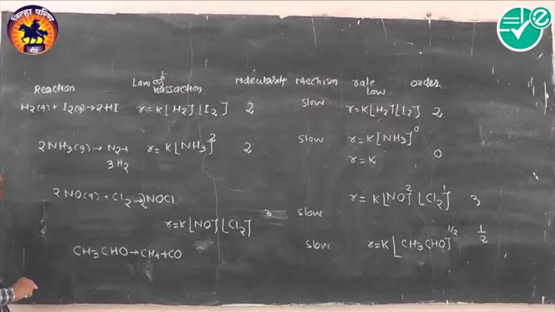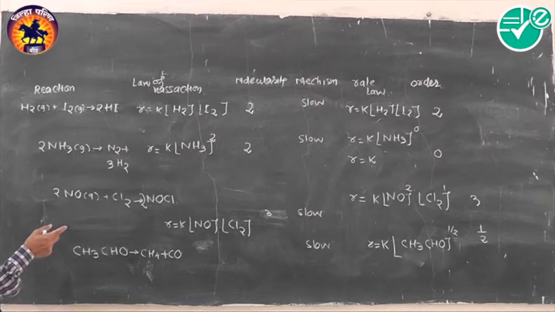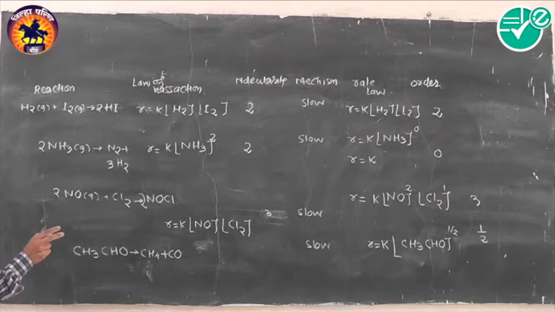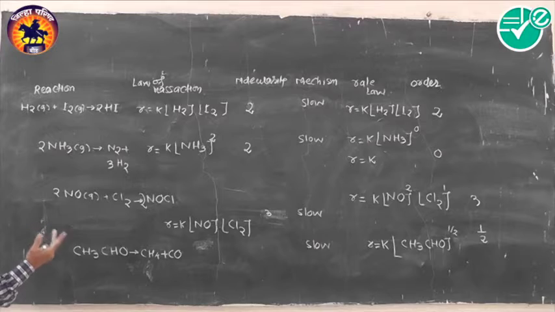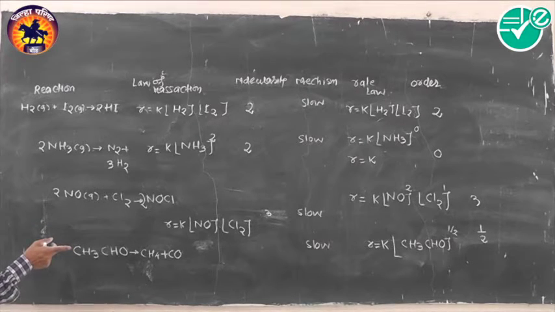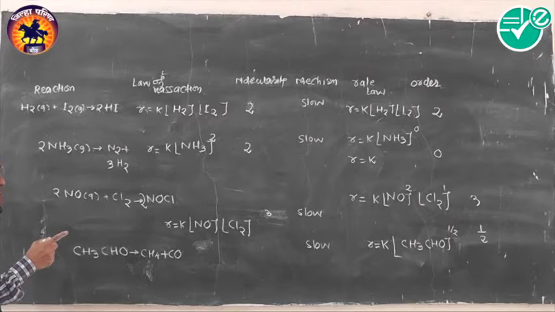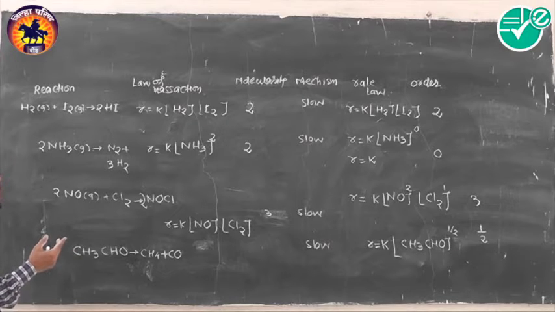Second order reaction, the rate is proportional to the second power of the concentration, or if we have two reactants, it may be proportional to the first power of each reactant. Thereby the overall rate law will indicate order equal to 2, but we are going to study zero order and first order.